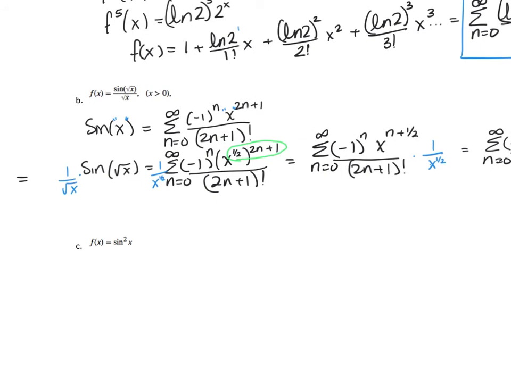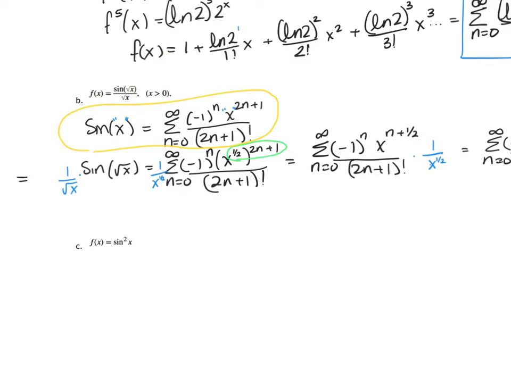My formula for the sine of x is this. All I have to do then is see how I can relate that to what's given to me. So I related that by changing the way that I have the 2n.